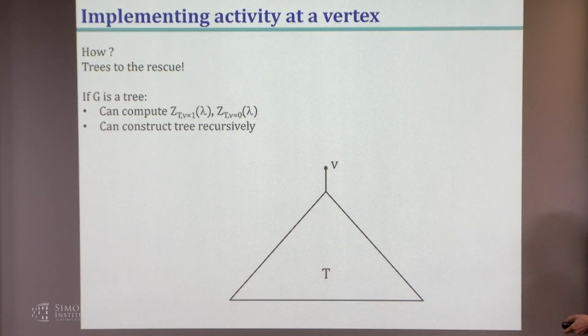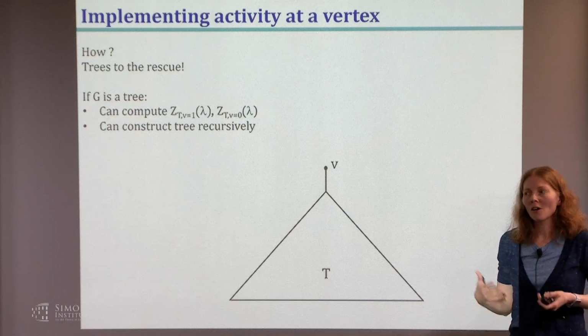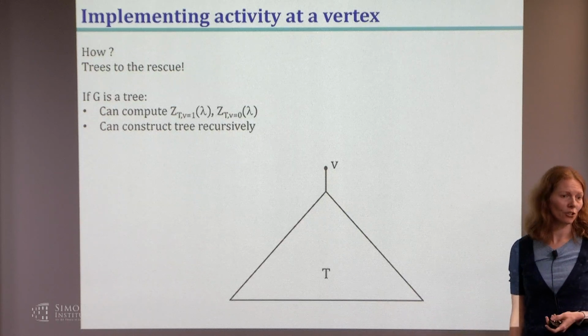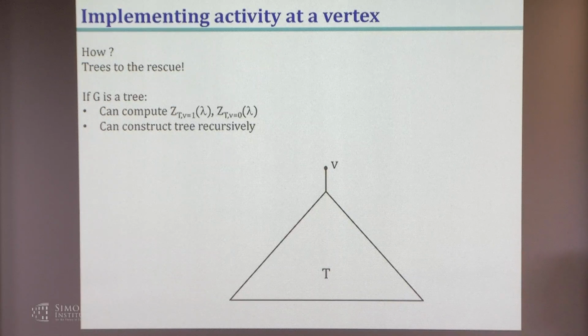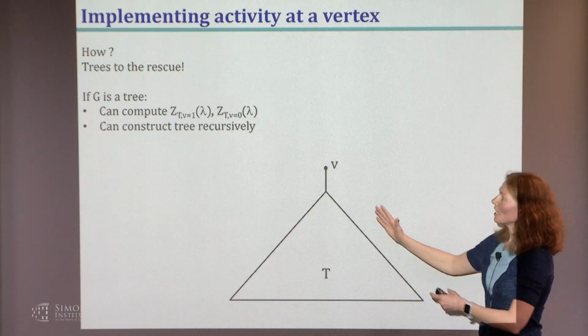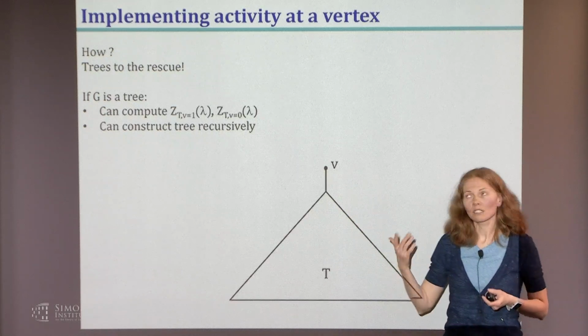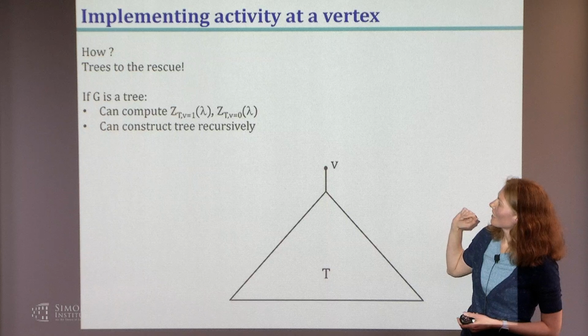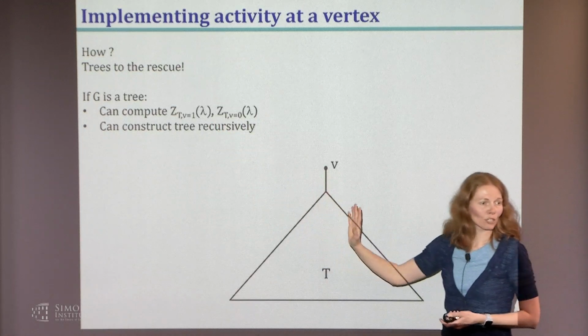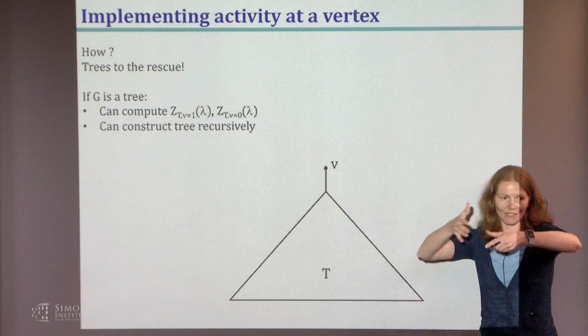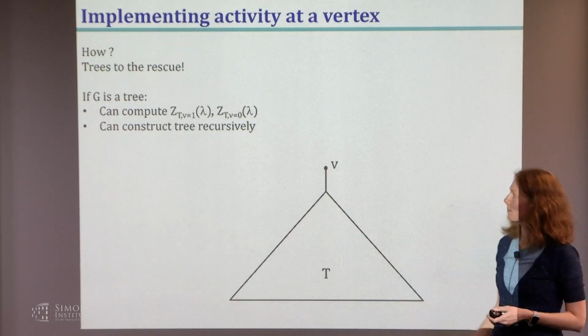Okay? And well, the simplest possible graph we could try is a tree. So let's try to use a tree to construct our gadget. The advantage of using a tree is that we can compute these quantities easily. So the issue from the previous slide is not a problem, because for a tree we have a nice recurrence and we can just compute this.